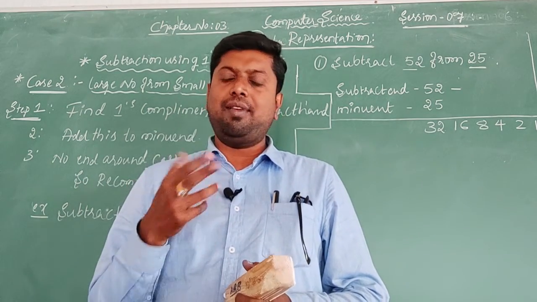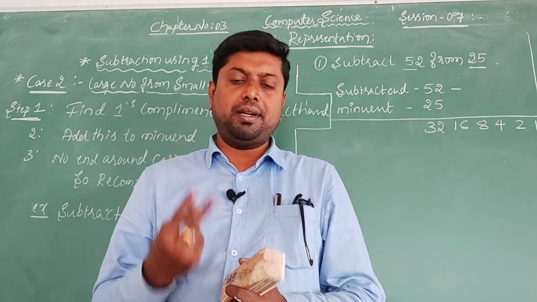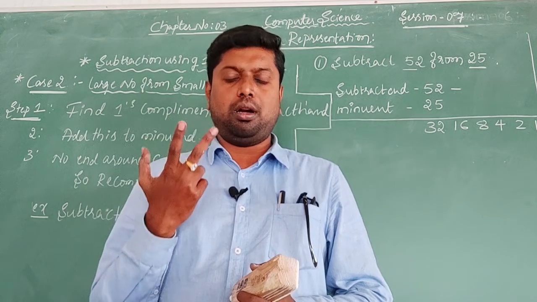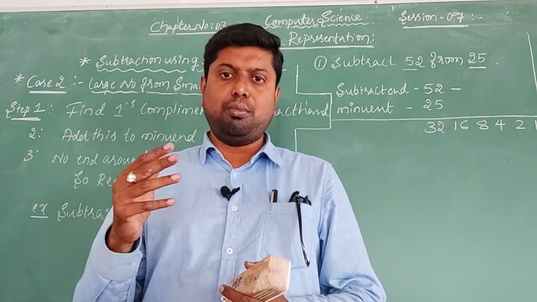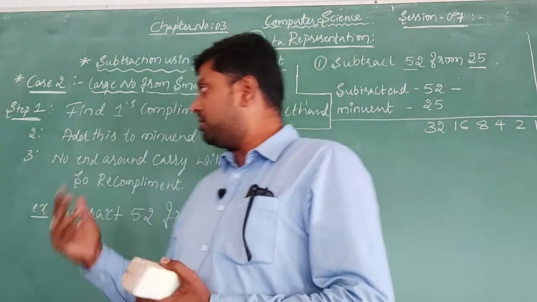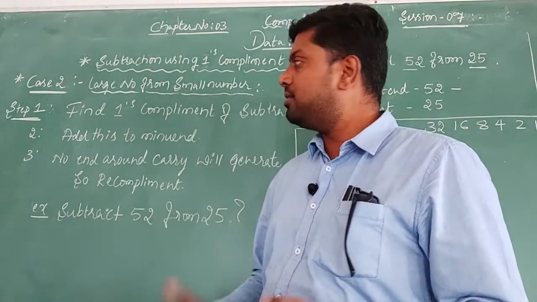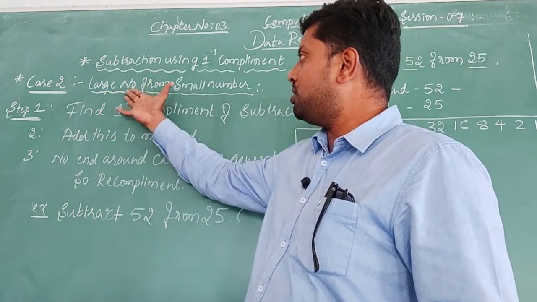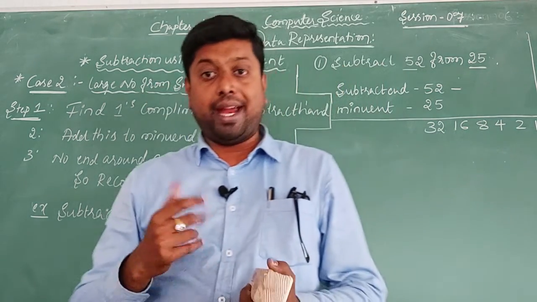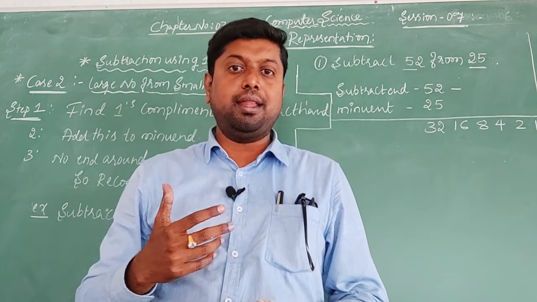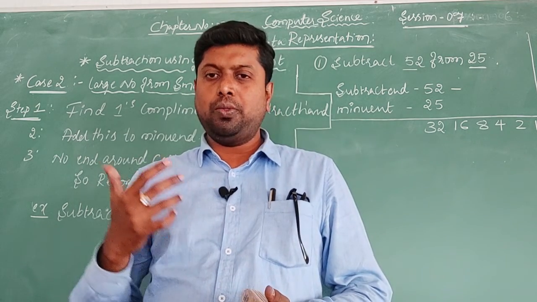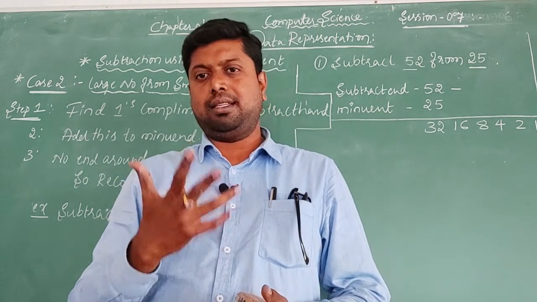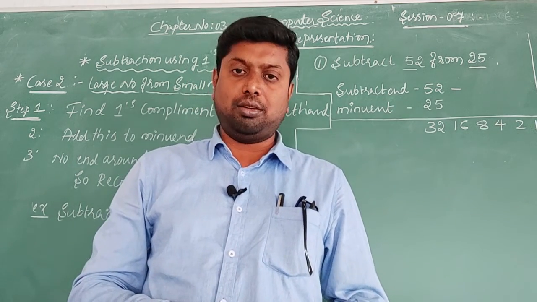For ones complement itself we get two cases. In the second case, we are subtracting a large number from a small number, so the negative answer should be in negative form. This is the format for how to do the calculations, so let us discuss it in this session.